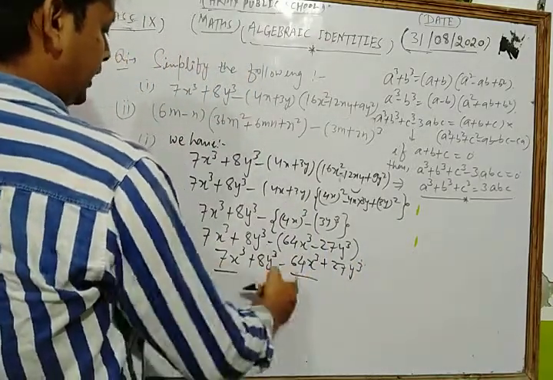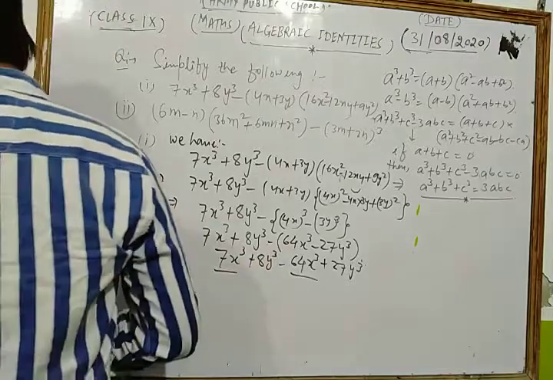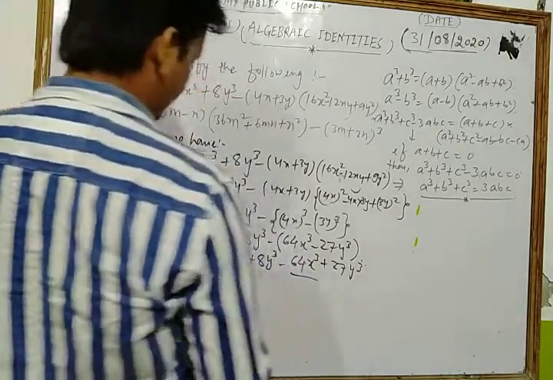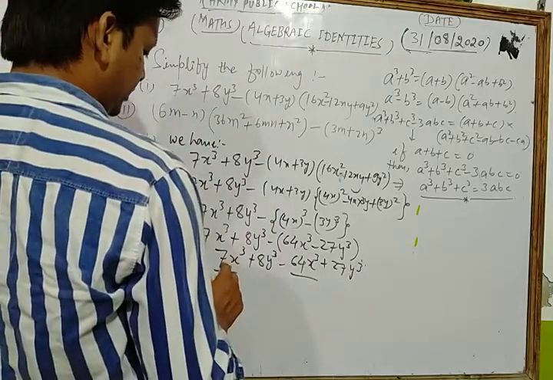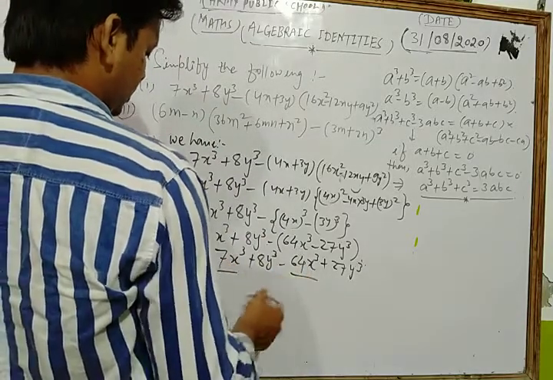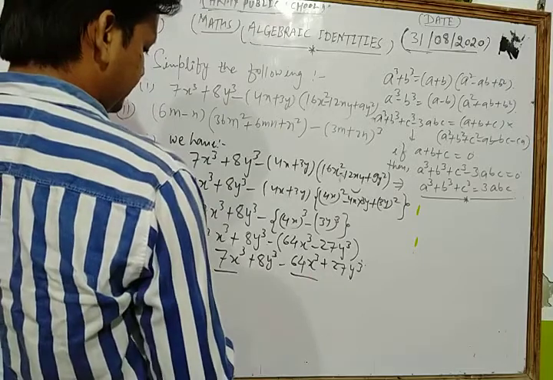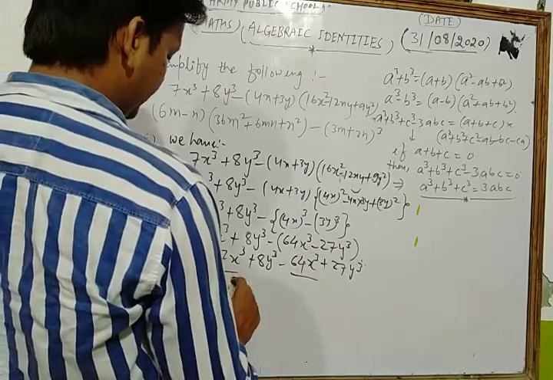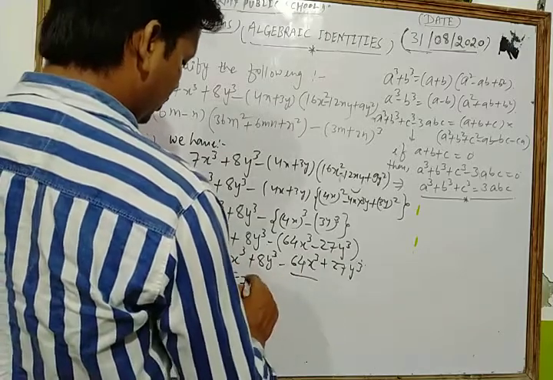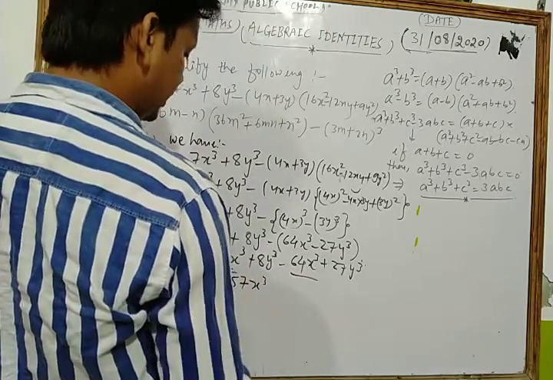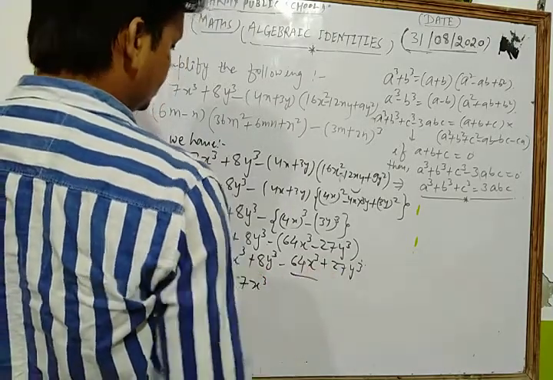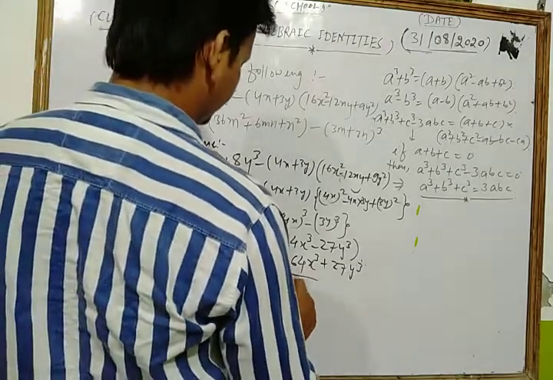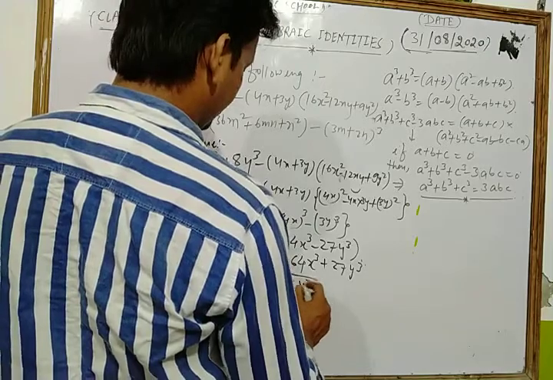So plus 7 and minus 64 is what? 57, minus 57. So we write minus 57x cube here, and this is plus 8 and plus 27y cube, so we can write 35y cube.